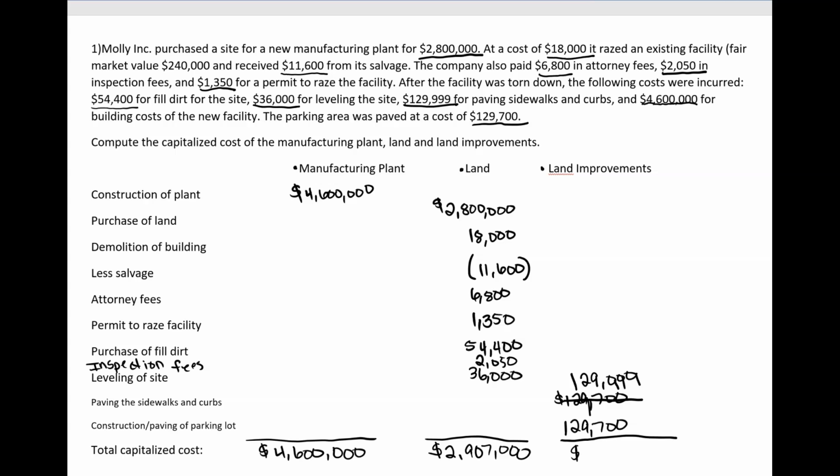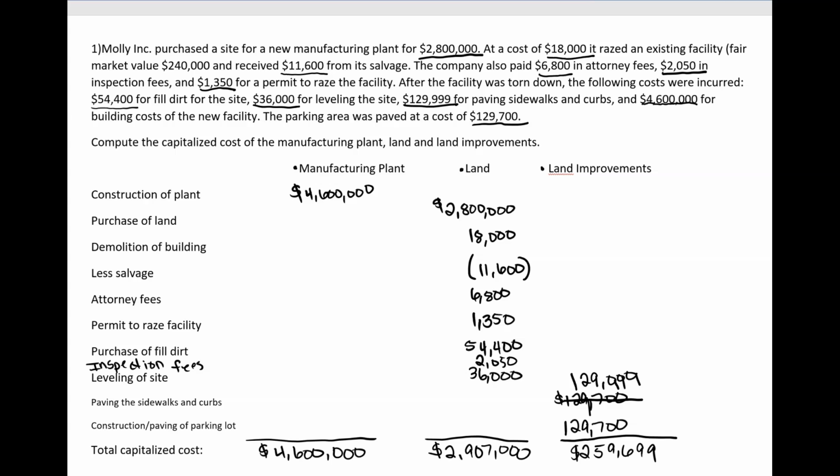And then we have the last one here. It is $129,999 plus $129,700. Okay, whoops. This is $259,699.